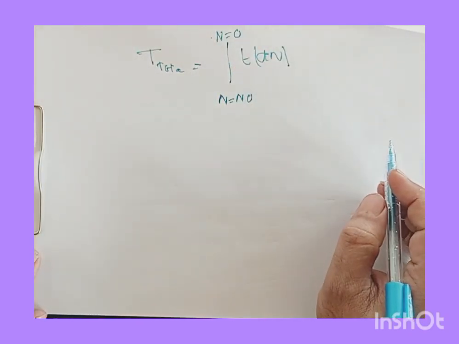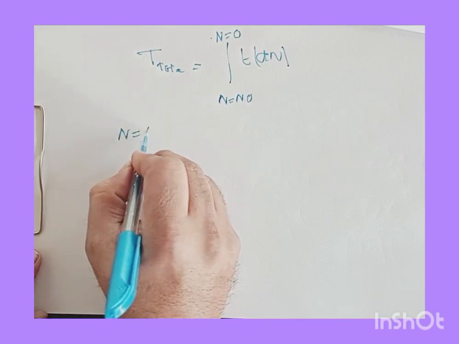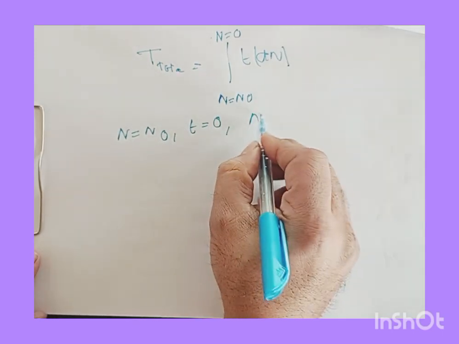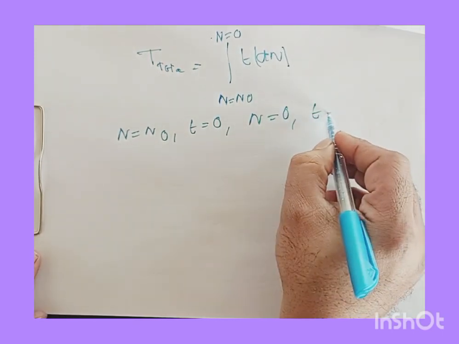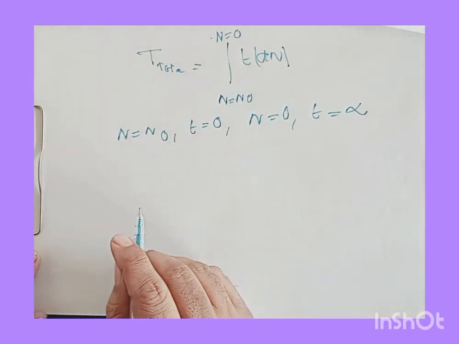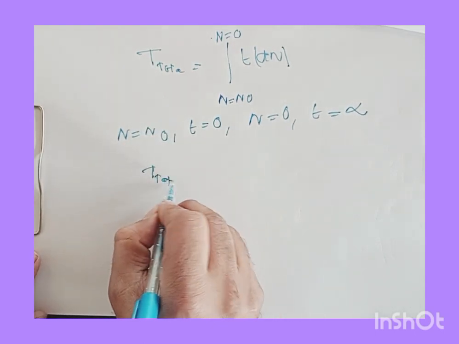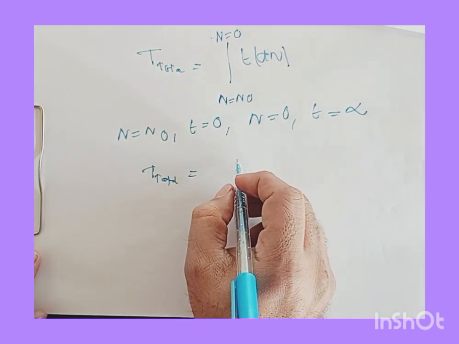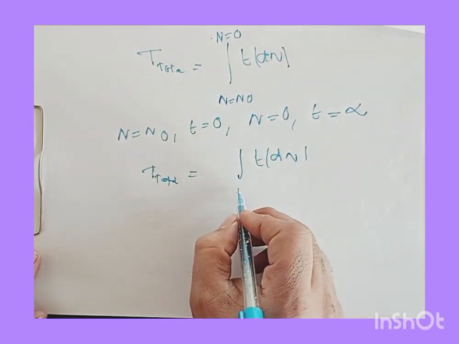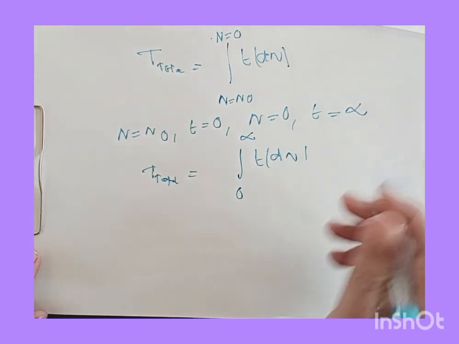When N is equal to N0, t is equal to 0, and when N is equal to 0, t is going to be infinite, because this takes infinite time. So T total will be the integral of t dN magnitude from 0 to infinity. Now what would I do?